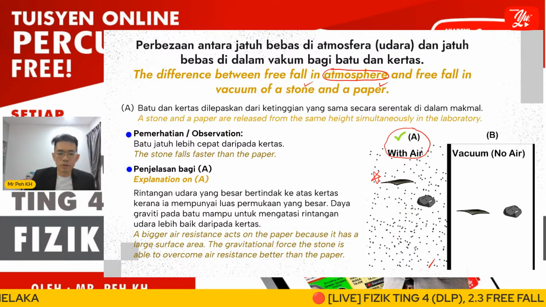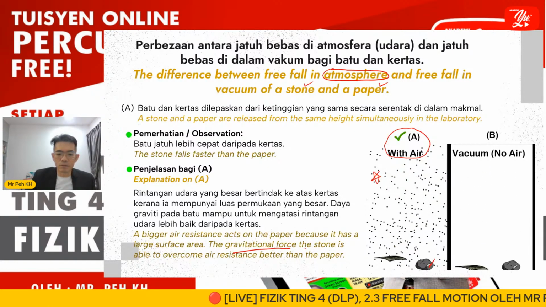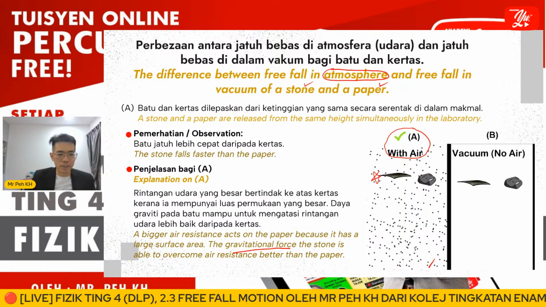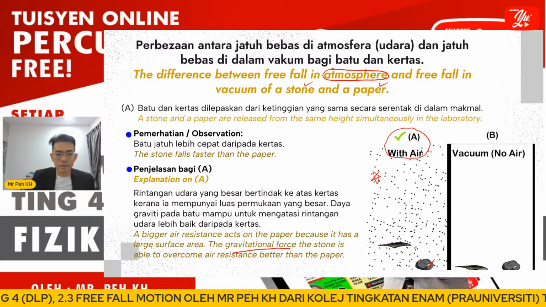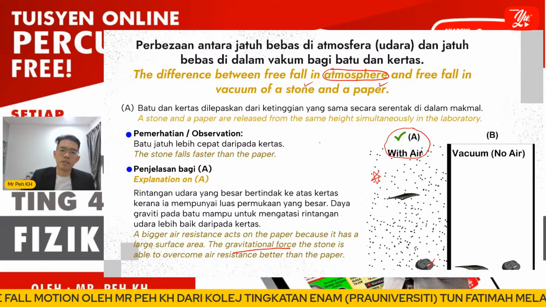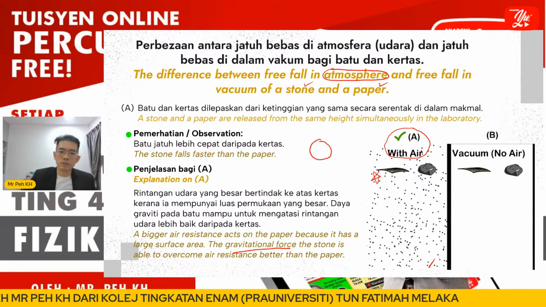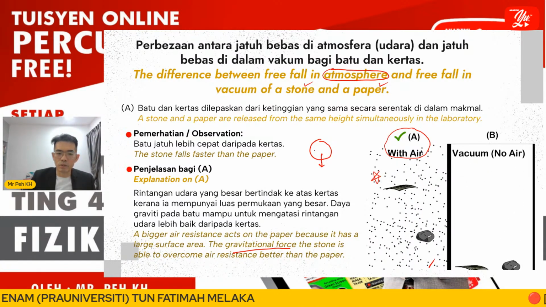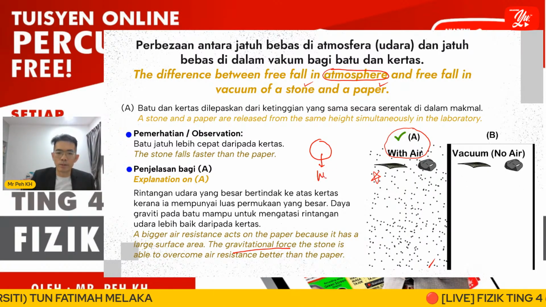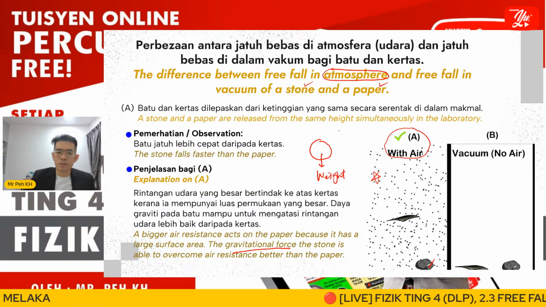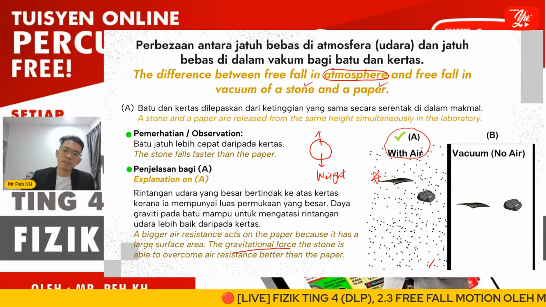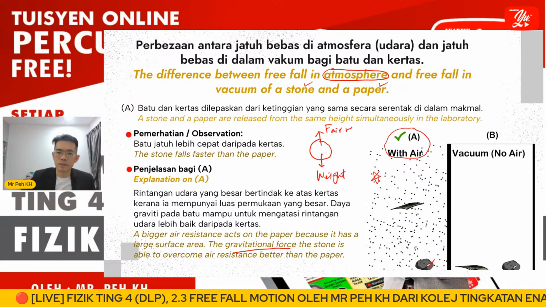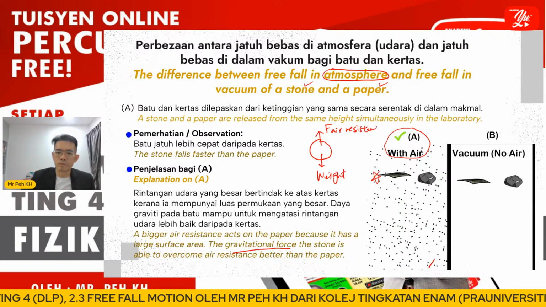The gravitational force of the stone is able to overcome air resistance better than the paper. So the stone has two forces acting: the gravitational pull, which is the weight acting downward, and at the same time, air resistance acting in the opposite direction.